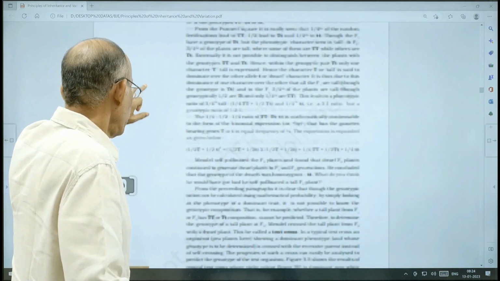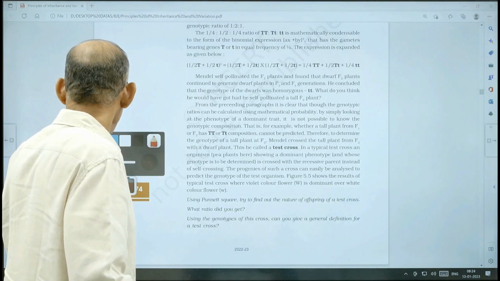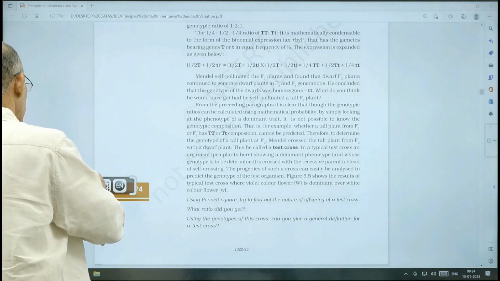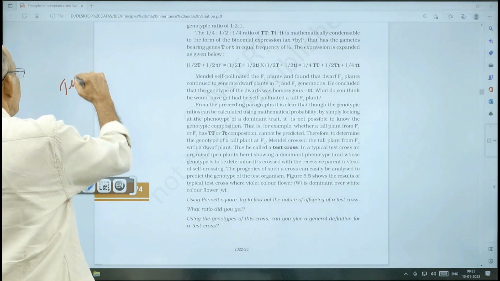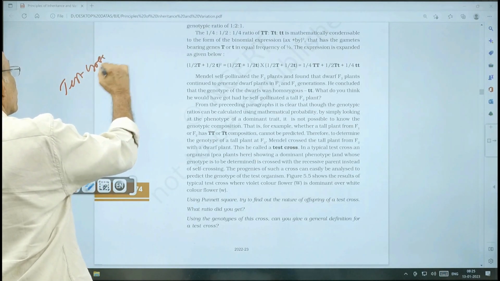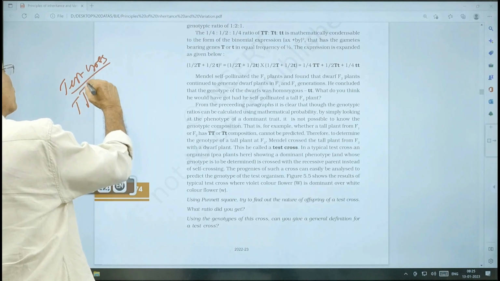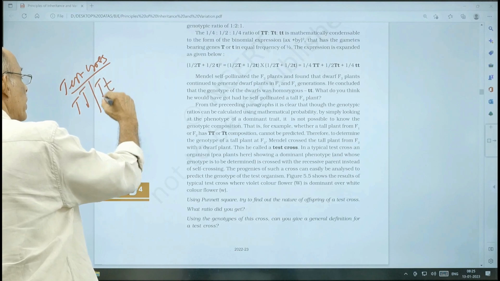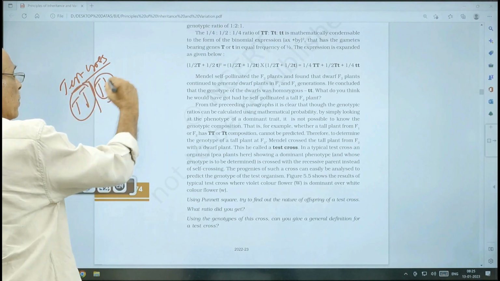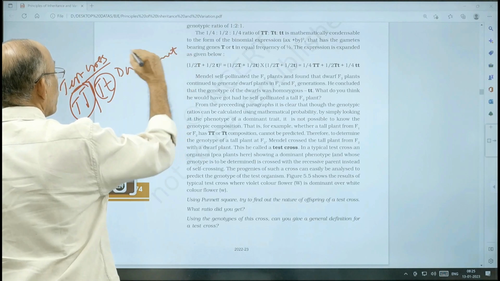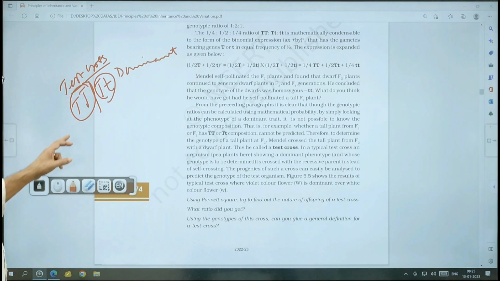Next, after studying this, Mendel developed another technique known as the test cross. Suppose we want to know the genotype of the dominant parent, whether it is homozygous or heterozygous. Whatever the dominant condition may be, it can be either homozygous or heterozygous.